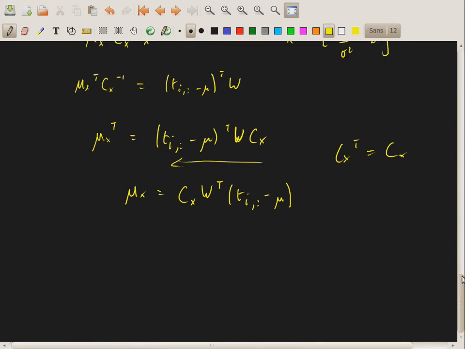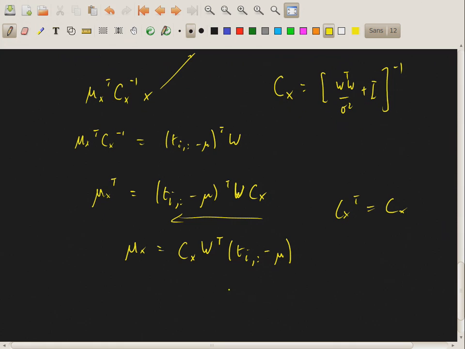Okay, so pulling down our covariance, we can also write that fully out. Oh, and what have I very naughtily missed? Anyone tell me? 1 over sigma squared. Perfect. Okay.